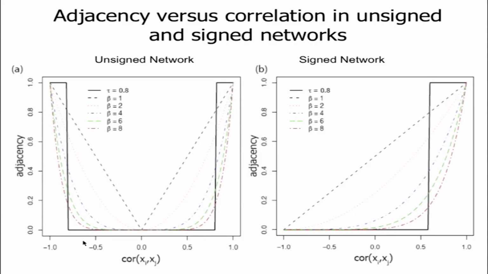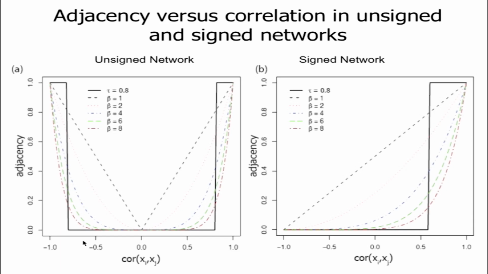Whereas in an unsigned network, you may get modules where the genes have strong negative correlations with each other. That's a basic distinction. And there's really no right or wrong answer. There will be some applications where you feel that you're very interested in modules that may involve negatively related genes. Then go with that method. But I'm just telling you, in 90% of cases nowadays, we use signed networks.